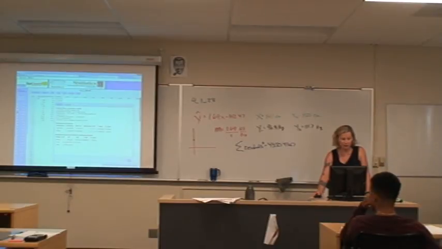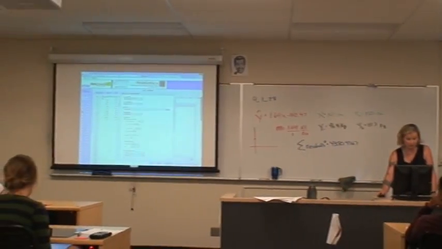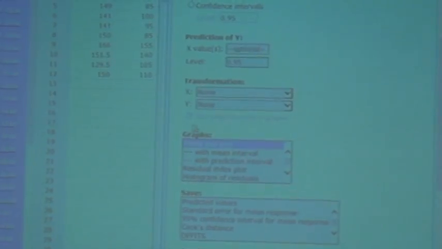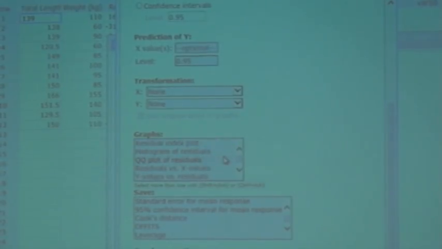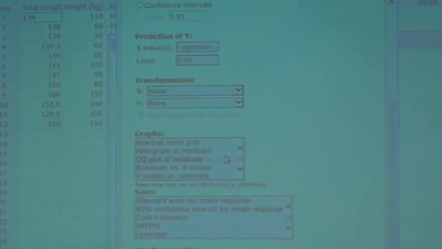So if you go back to that regression output, and you scroll down to where it says graphs, you'll see the fitted line plot has already been selected. You want the residuals versus the X values.